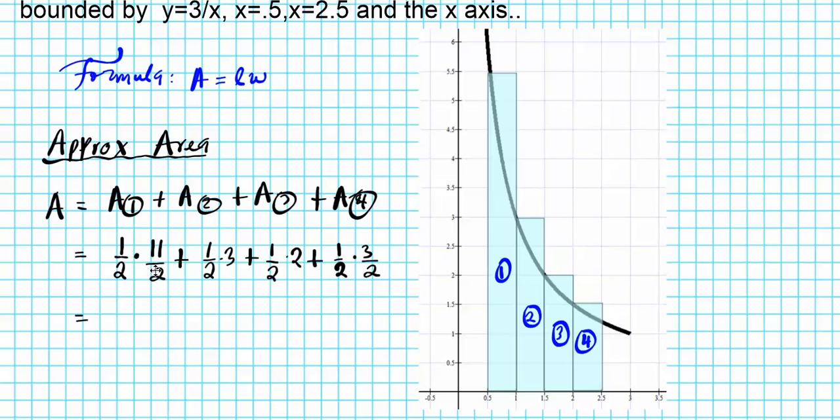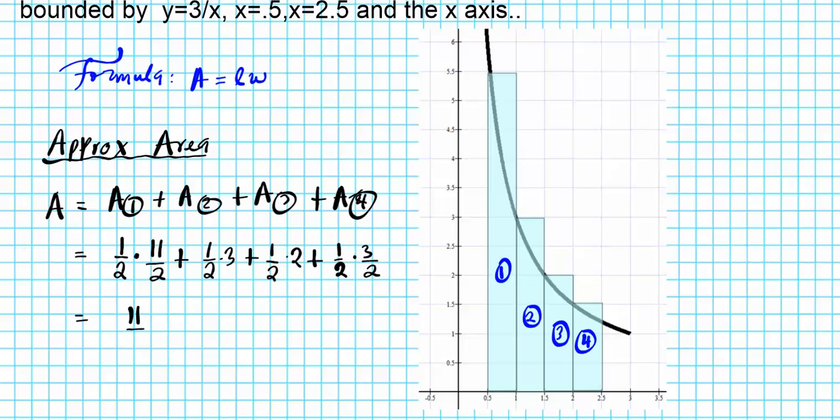Or if you want to use a shortcut, you can factor out all the 1/2s, combine the numbers, and then you can multiply. Or you can just multiply these by the LCD and then combine them, whichever method you like to use. So let me just multiply.